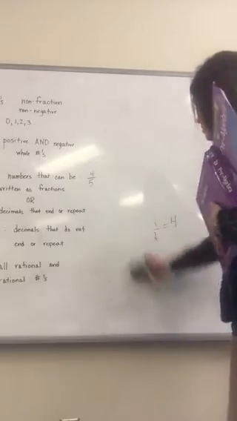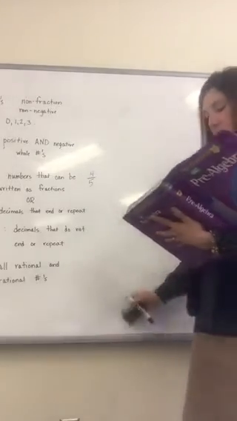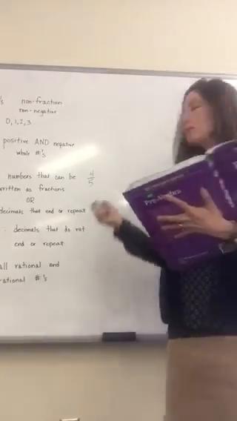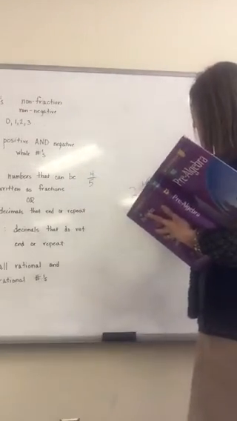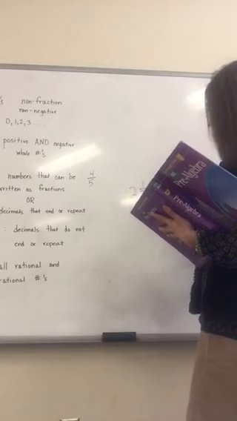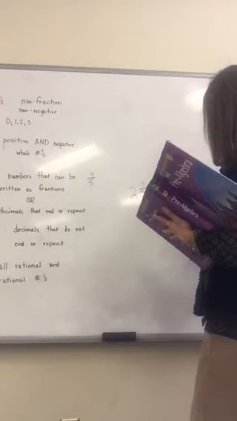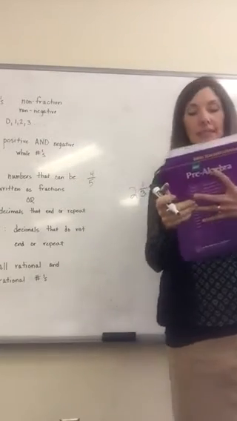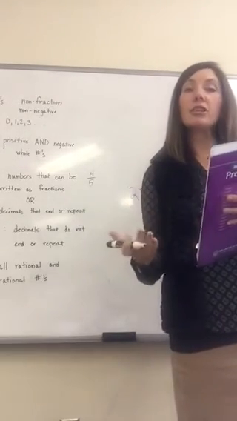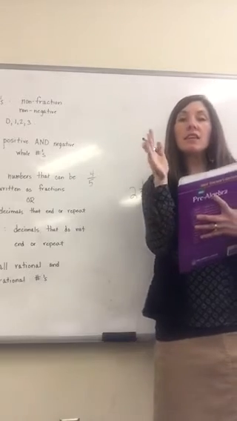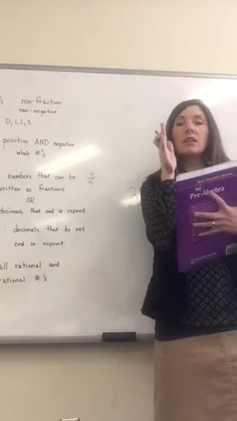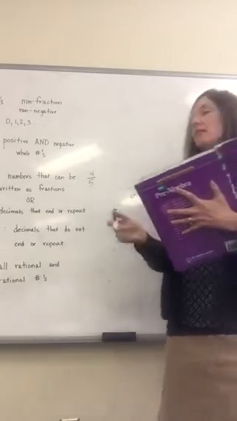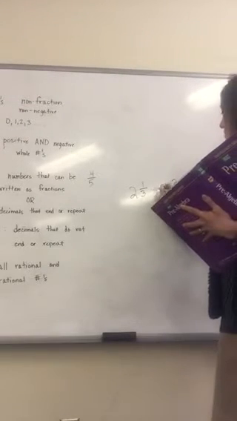Okay, so now we're going to do something a little bit different, a little bit more difficult. Find a real number between 2 and 1/3 and 2 2/3. So the easiest way to do this problem is simply to average it. That's going to give us the number that comes exactly in between these two. So I'm going to add them up.